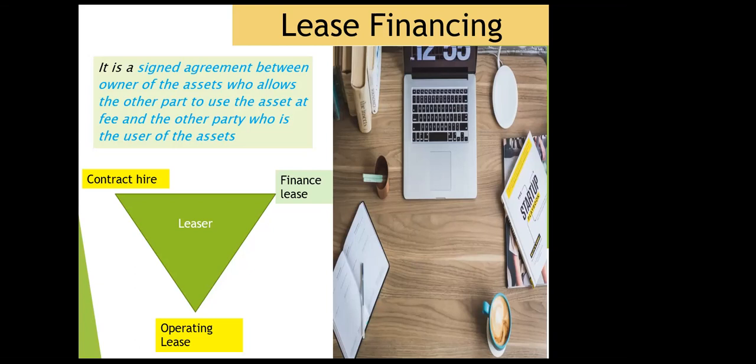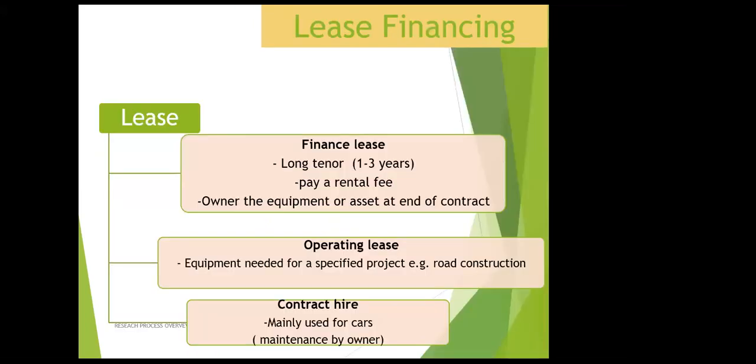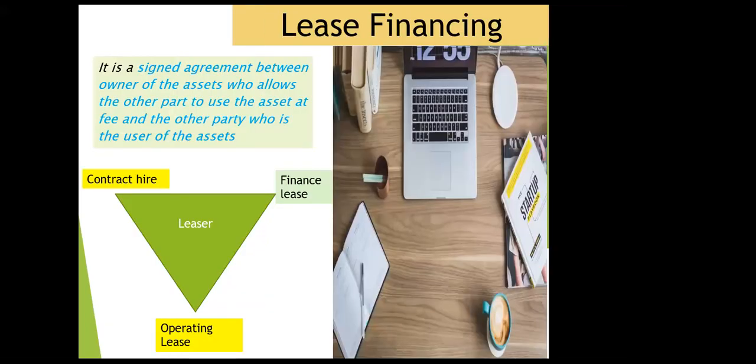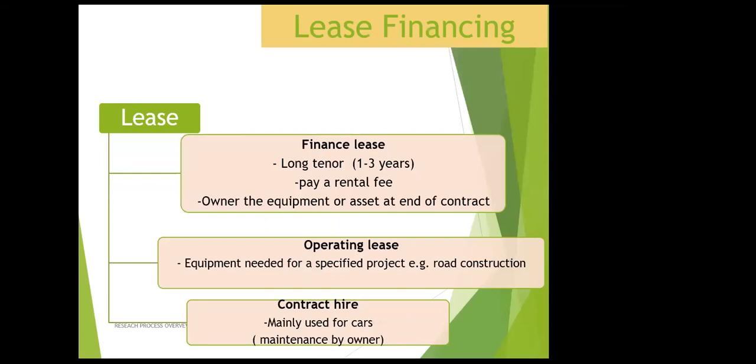Then after a given period of time, you can purchase those cars or give them back to the company that you hired from. So as stated, you have finance lease, operating lease, and the contract hire.